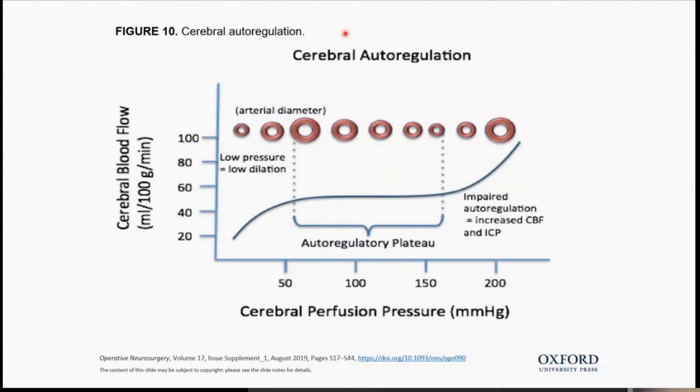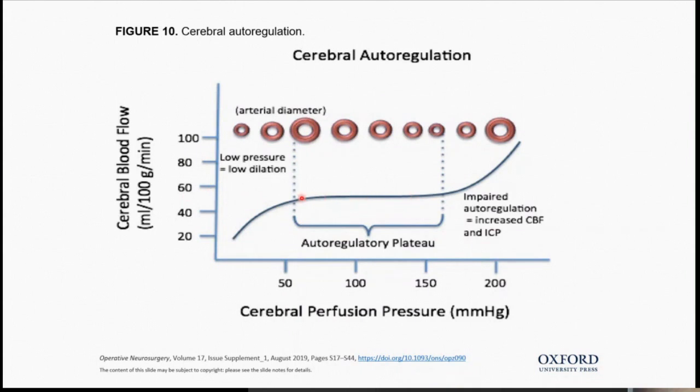So if the cerebral perfusion pressure is between 60 mmHg and 160 mmHg, the brain will be able to regulate the diameter of the blood vessels, and thus it will decrease the blood volume or maintain it around 55, which is this plateau here.